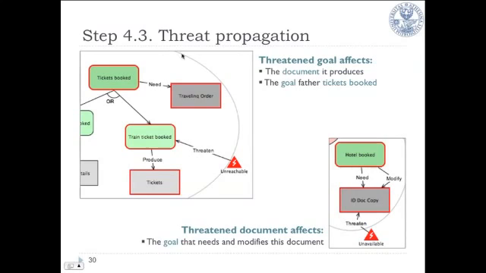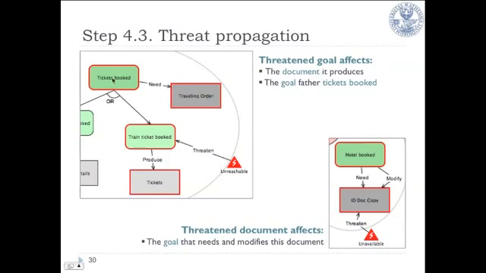When it comes to threats, we want to see how a given threat that we have modeled, affecting goals or documents, affects the rest of the stakeholders' assets. For instance, if this goal could be unreachable, so if train tickets booked is threatened, then if this goal is not achieved, also the document that it produces after the achievement of this goal would be affected.